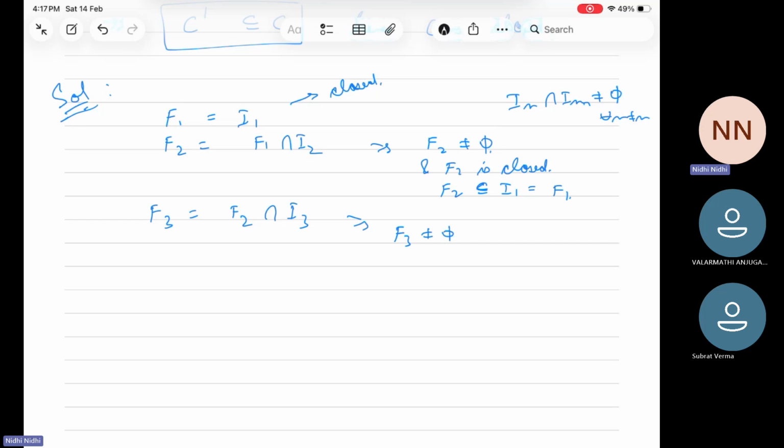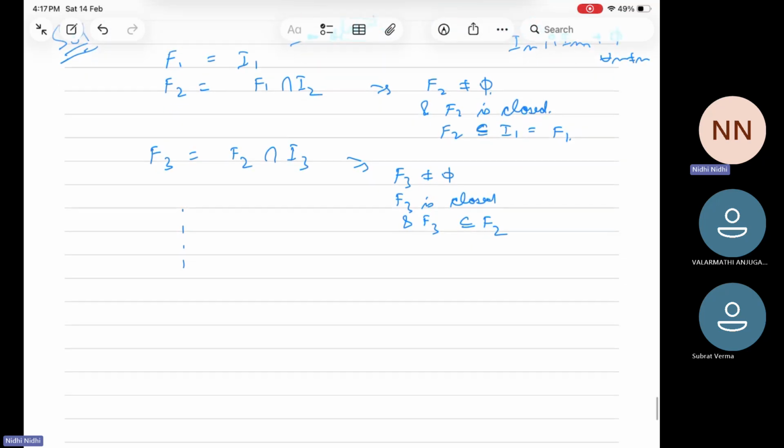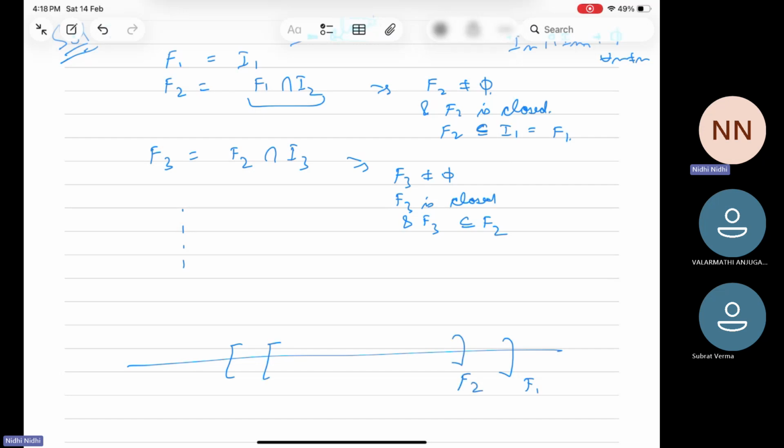F3 is non-empty, F3 is closed, and clearly F3 is a subset of F2, and so on. So eventually, how will this sequence look? Suppose this is our F1, a closed interval. F2 is a subset of F1 and it is a closed set. Basically this is an interval because F2 was an intersection of two closed intervals. Then we will have F3, and so on.